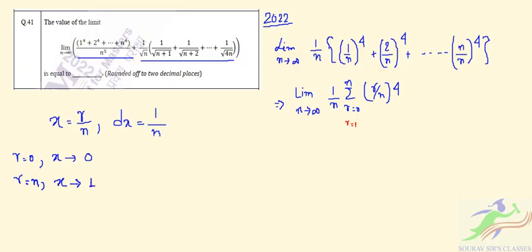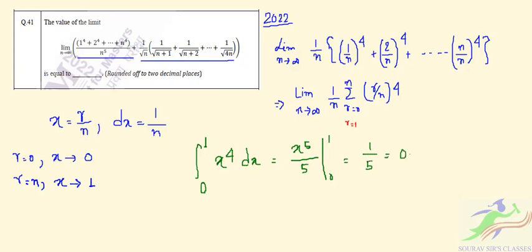So we can write the integral from 0 to 1 of x to the power 4 dx. It is nothing but x to the power 5 by 5 from 0 to 1. So the value of the integral is 1 by 5, or 0.2.